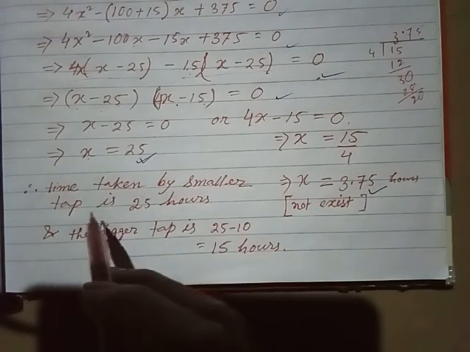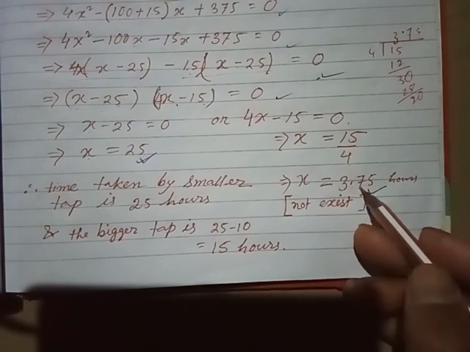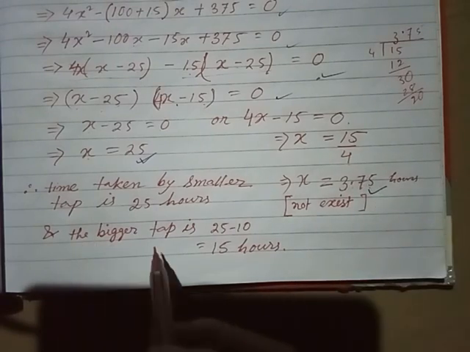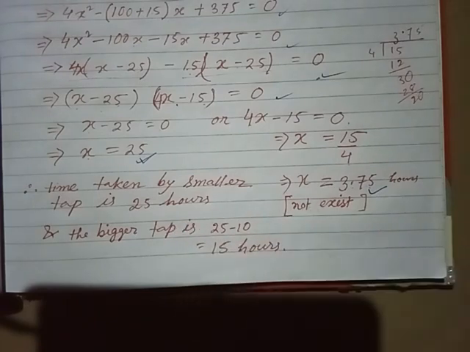time taken by the smaller tap to fill up the tank. If x is 3.75, then the time taken by the bigger tap will be 10 hours less.